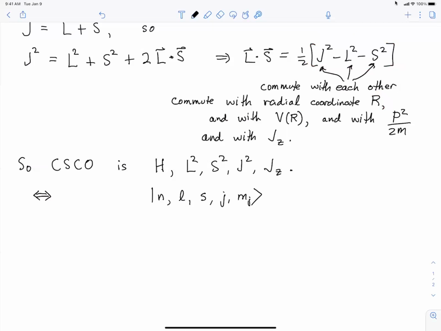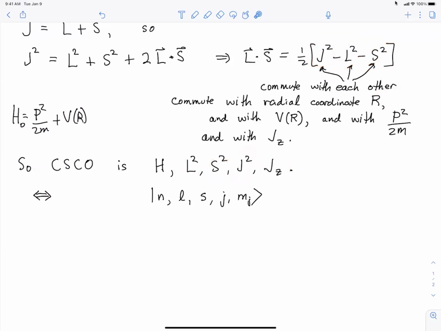And so our Hamiltonian is something like this. Okay, that's the unperturbed Hamiltonian. And so all the pieces of it commute with J squared, L squared, and S squared. So that's why this and this and this and this and this as well all commute with each other.